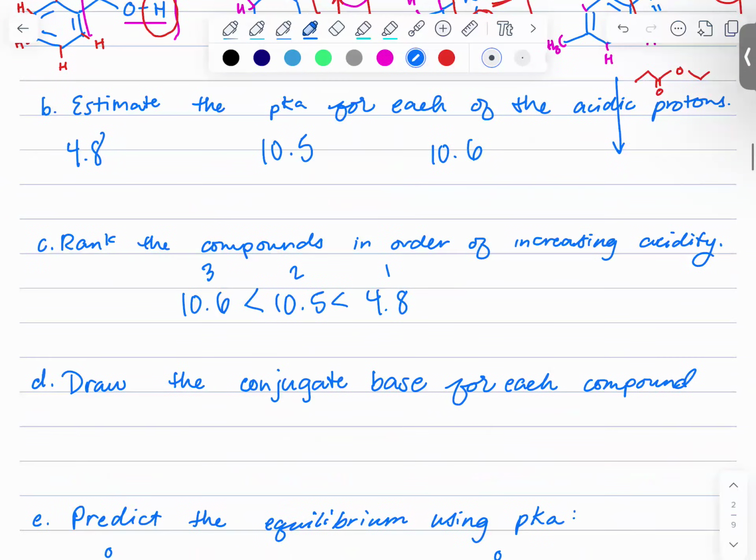So we can take our structures and draw them the exact same way, just now without that proton that we labeled as our most acidic.